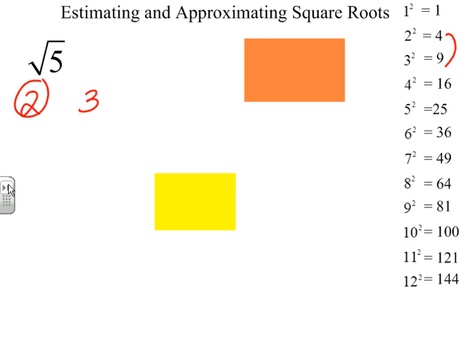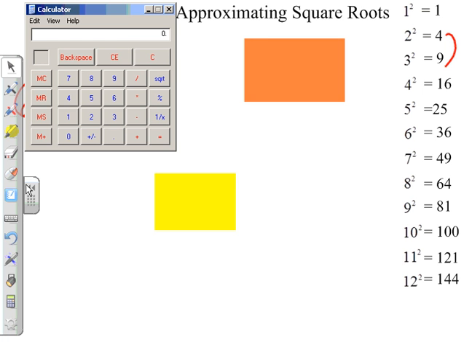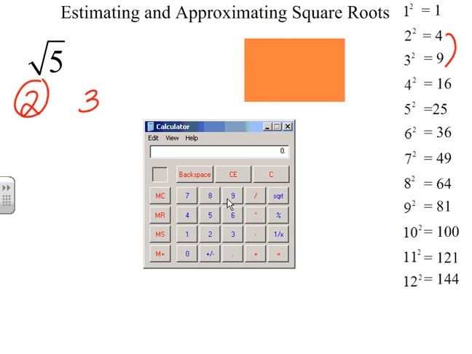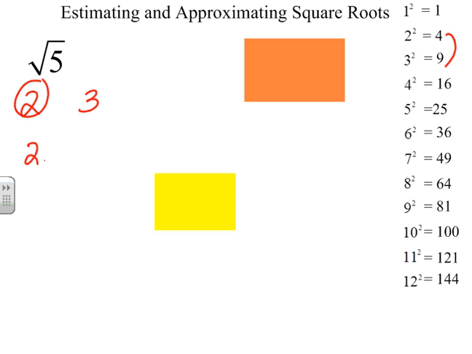So let me get a calculator. And we're going to look at what the square root of 5 is. We get this really long number, 2.236, so on and so forth. Well, let's write it to the nearest hundredth right now and talk about how we round things to the nearest hundredth. What we do is we look at what's going on in the thousandths place.